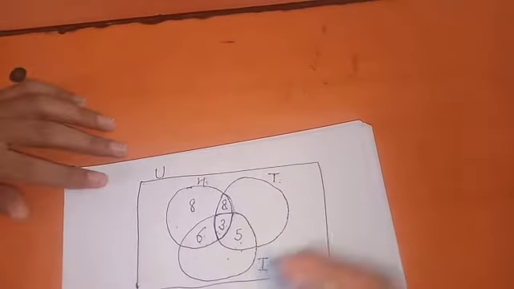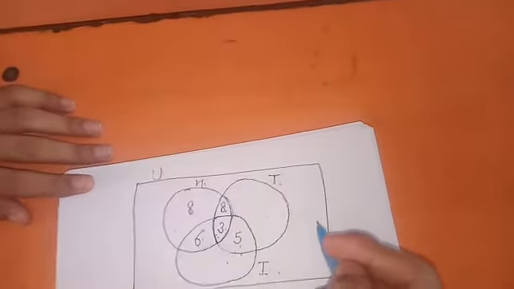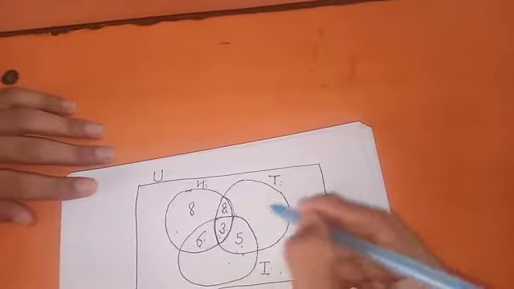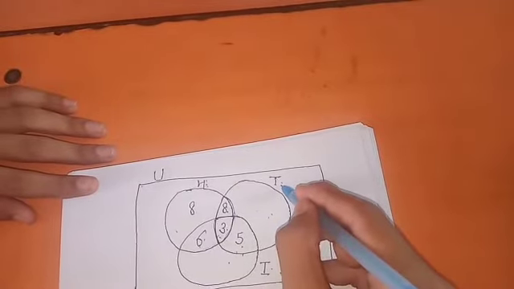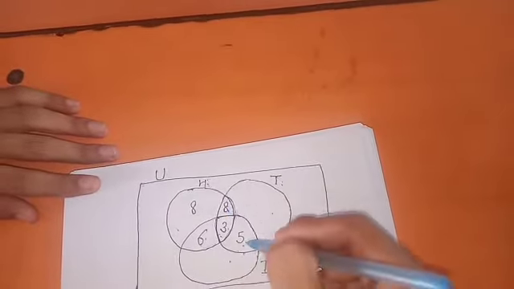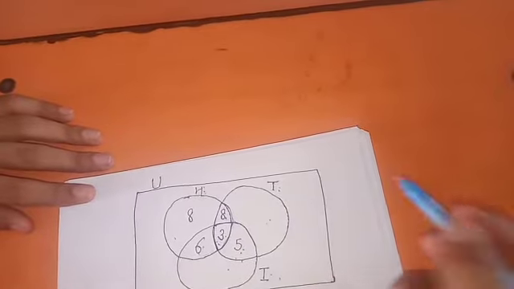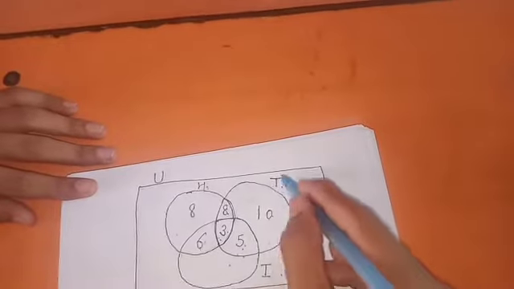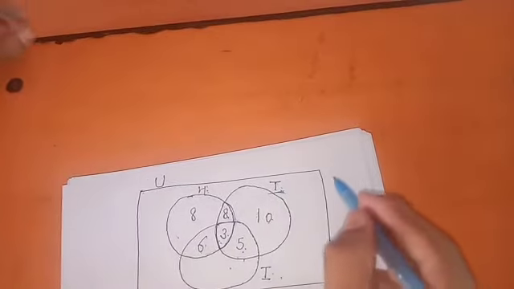Understood? Similarly, 26 read newspaper T. But 8 and 8, 16 we have written already, so the remaining are 10. So 10 people read newspaper T only, not any other.